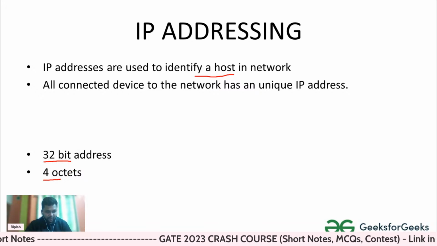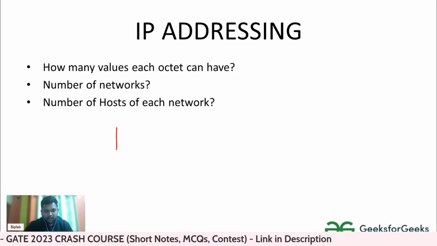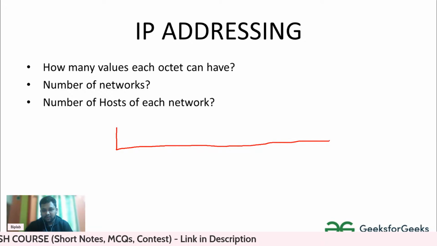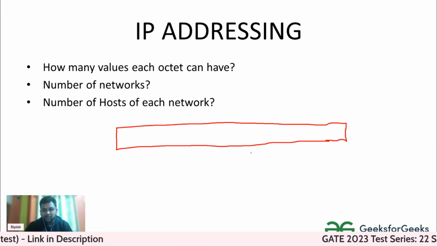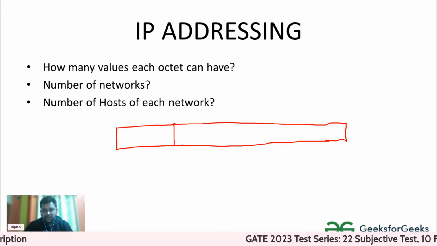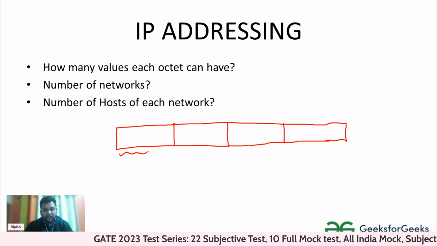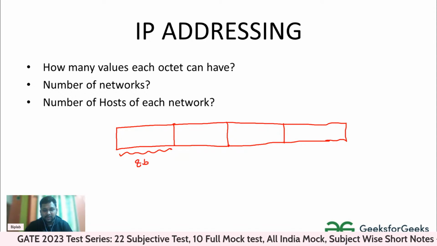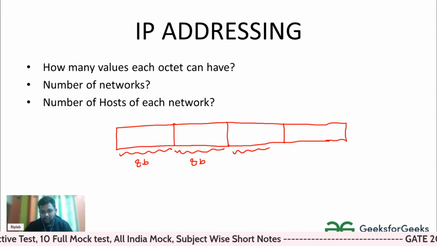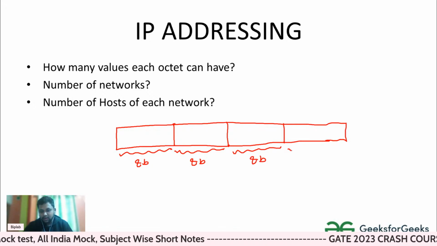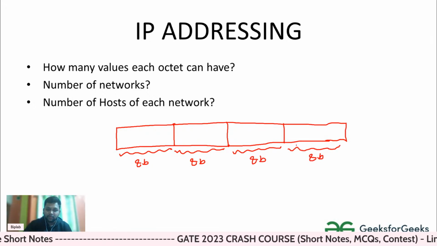Let us visualize this. Our IP address is of 32 bits. Here is a 32-bit number which is further divided into 4 octets, each octet of 8-bit size. Now this is an IP address that is unique to one user.